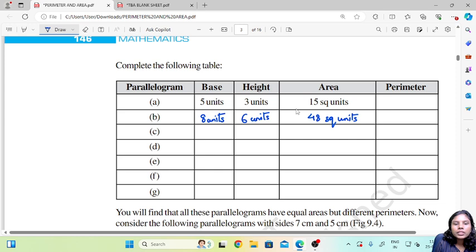Then say our base is 6 units and our height is around 3 units. So then our area will be 18 square units. So area of a parallelogram is simply the product of the base and the height of the given parallelogram.